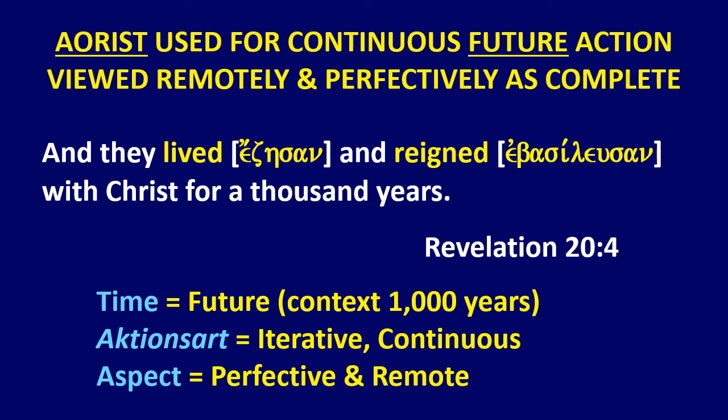And the aorist tense is capable of expressing that based on context, or at least as part of a context in which iterative action is necessary. The aspect here, again, the vantage point or perspective is that of one of remoteness, and so it's viewing the action perfectively as opposed to imperfectively.